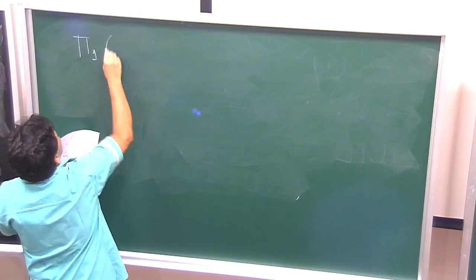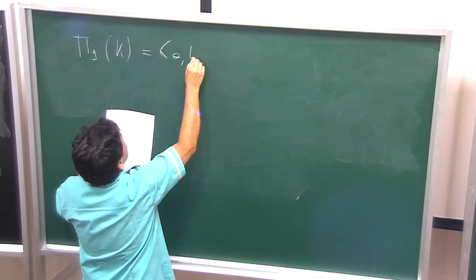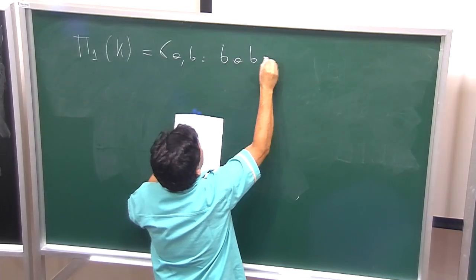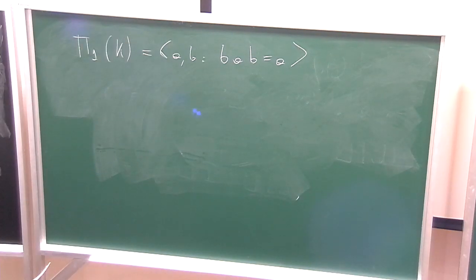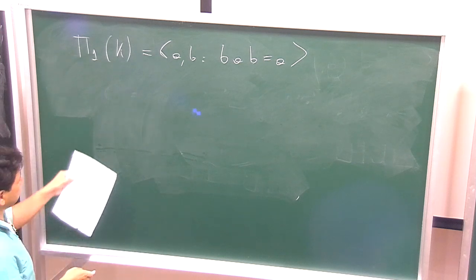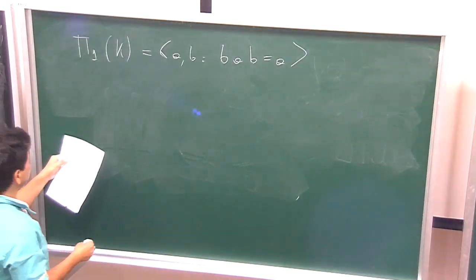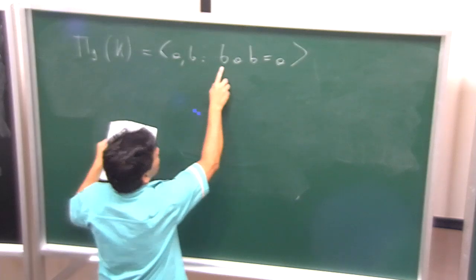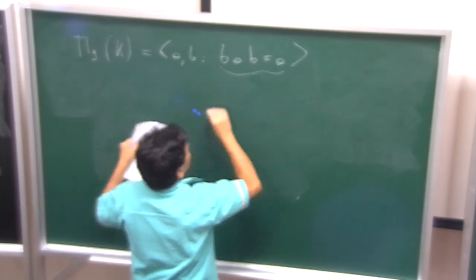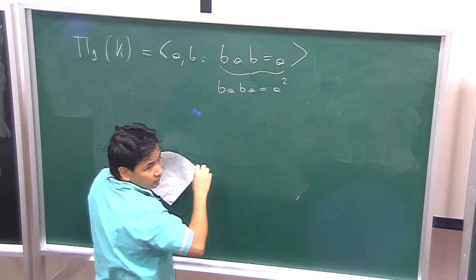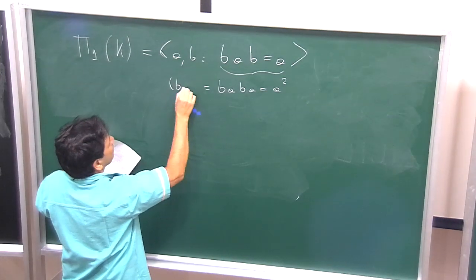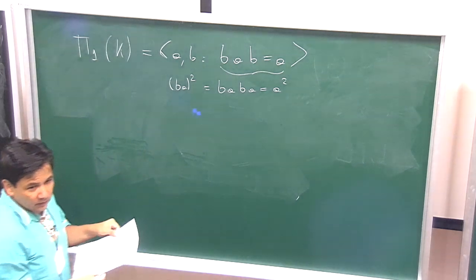So I will just write: pi_1 of K, the Klein bottle, is the group generated by a and b with b a b = a, because it has many examples of things that I like very much. For instance, you have b a b = a, and if you multiply this by a, this is b a = a squared.